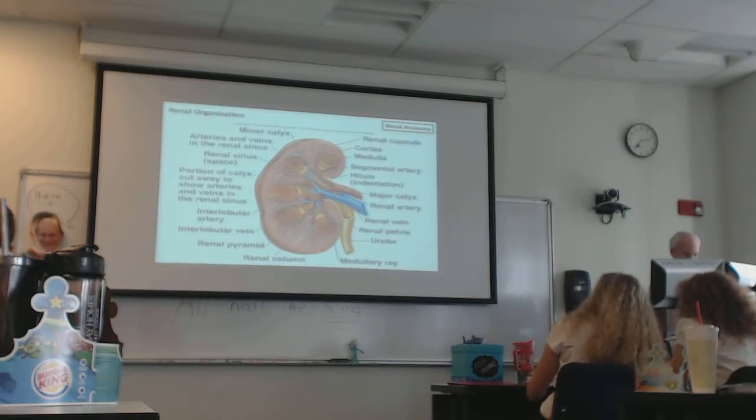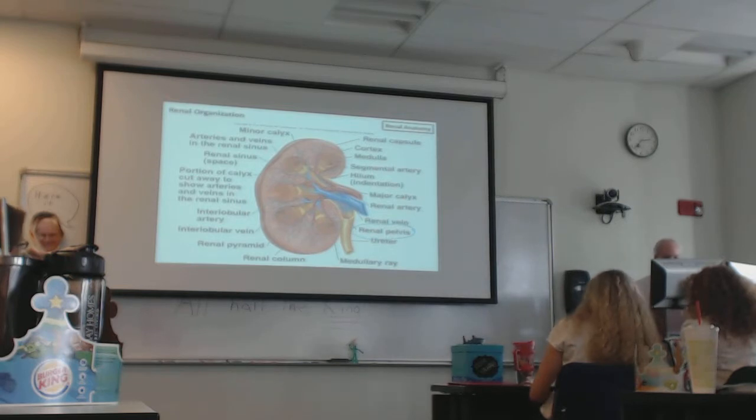These up here are the minor calyces. Down here, kind of hard to see, on the other side of that blood vessel would be the major calyx. And then the major calyces are going to empty into the renal pelvis, which is this large opening you see here. And then that will give rise to the ureter.